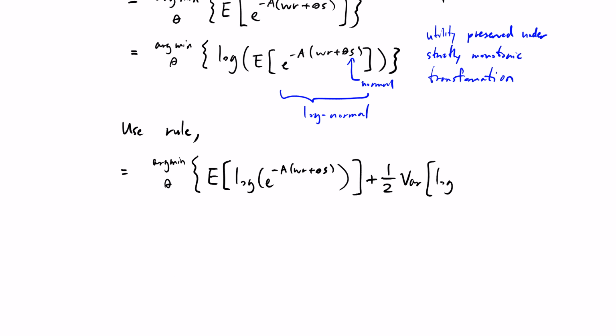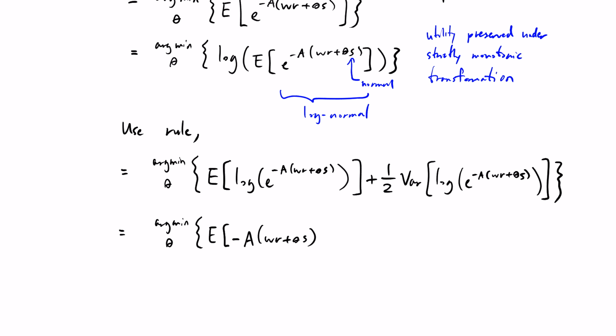It's very tiring to write all these things, and I have to make sure all the brackets are there. All right. The log is natural log, so it cancels out with the exponential function, and very nicely that leaves us with arg min over theta of negative A (WR plus theta S) plus half of the variance of negative A (WR plus theta S).